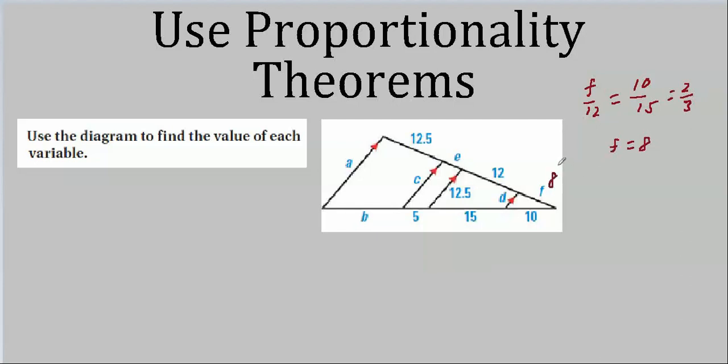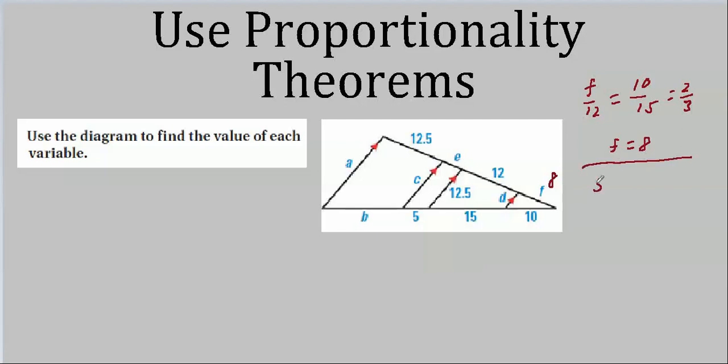Okay. What about E? Well, again, we have transversals, parallel lines cutting them, so the ratio of E to 12 is the same as the ratio of 5 to 15. So, let's separate this.